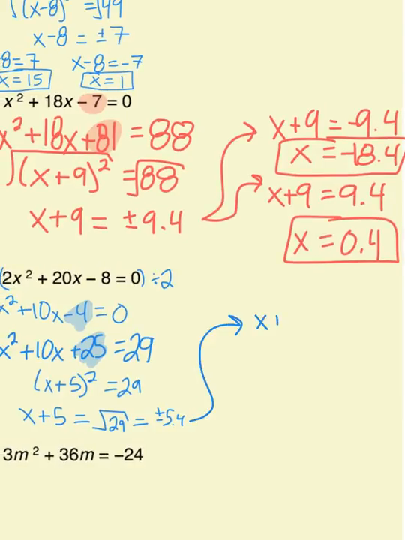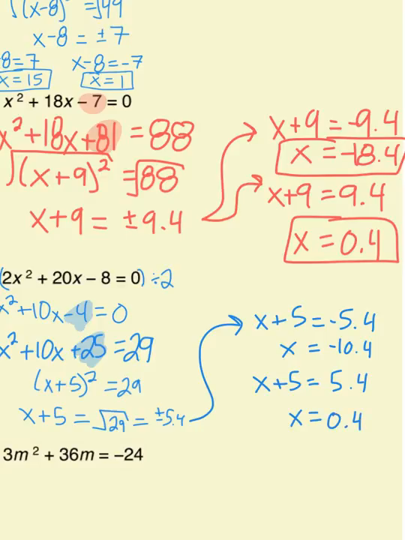I have x plus 5 is equal to negative 5.4. And x plus 5 is equal to positive 5.4. Alright, subtract 5 from both sides. I have x equals negative 10.4. And x equals 0.4. Alright, those are my two solutions for x.